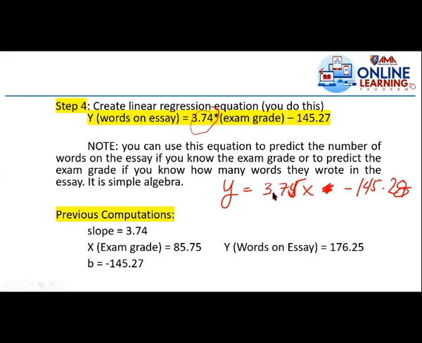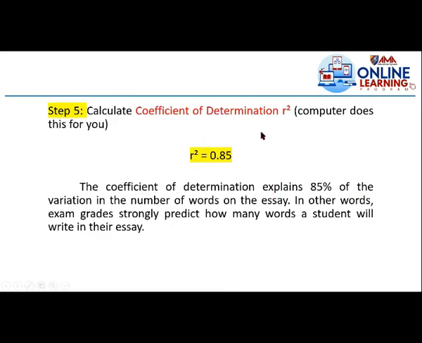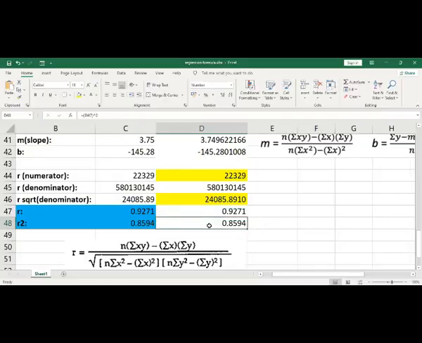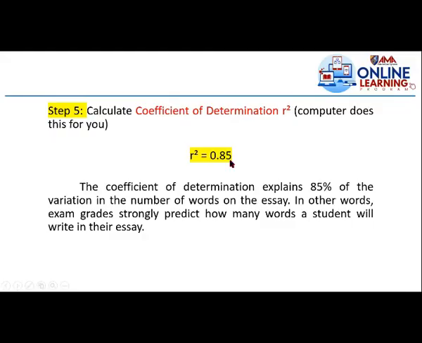Now, what is the coefficient of determination? So the coefficient of determination is 85.85 or 85%. As you can see, nakuha din natin yung r squared. Ito, 85.94. So nakuha natin, which is 85%. So in other words, no, the exam grade strongly predicts or affects how many words a student will write on their essay.